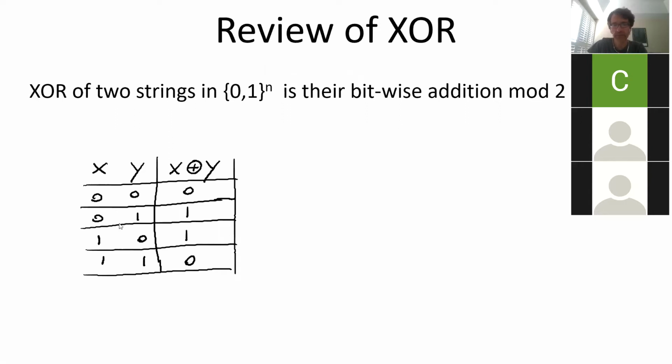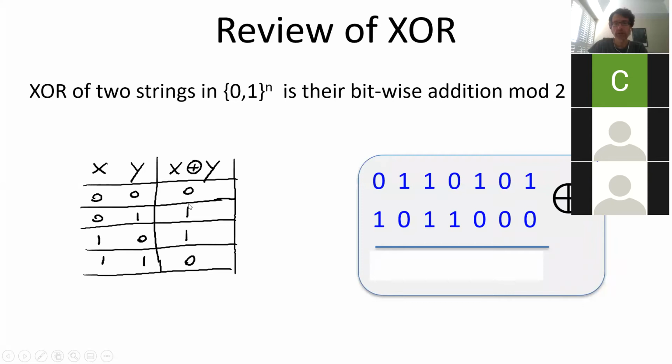Here is the truth table for XOR. If x, y are bits, XOR is addition mod 2. So 1 plus 1 would be 2, but because I do mod 2, I get back to 0.